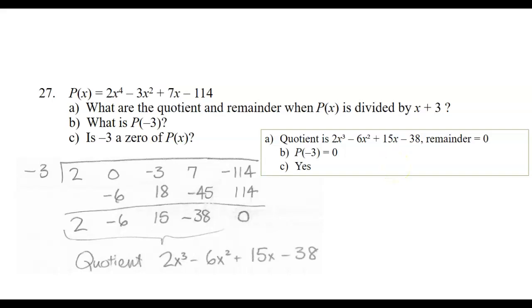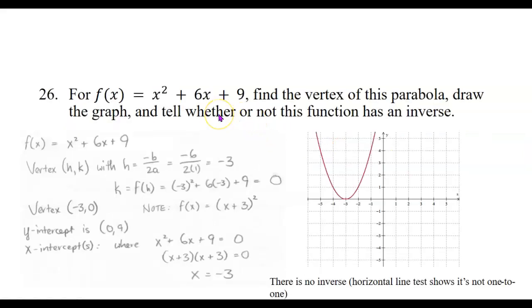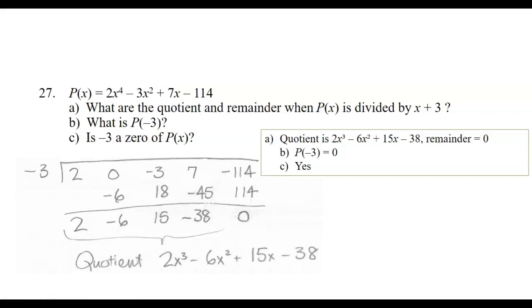In number 27, we are working with the polynomial 2x to the 4th minus 3x squared plus 7x minus 114, and it asks, what are the quotient and remainder when this polynomial is divided by x plus 3?